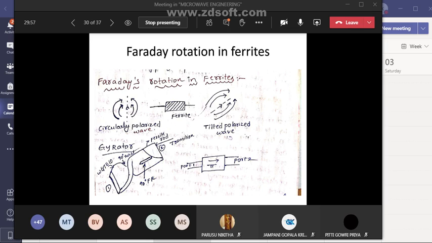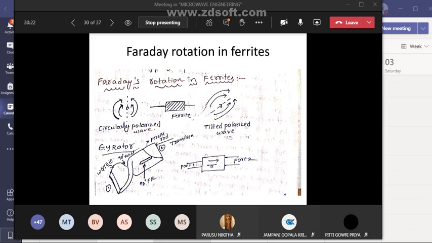So if the circularly polarized wave is passing through the ferrite rod, due to the influence of the magnetic field, this wave is tilted. The axis of polarization gets tilted in clockwise direction.